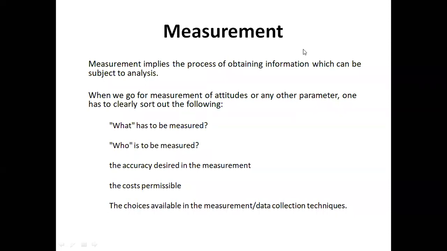Do you want to measure their psychological aspects like their lifestyle, their behavior, their attitude, their perception? Fine. Who is to be measured? The respondent is to be measured, or the respondent's psychology is to be measured. The accuracy desired in the measurement. How much accuracy do you expect in the measurement?